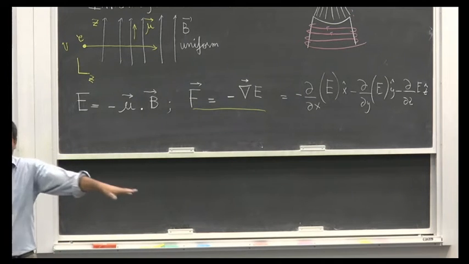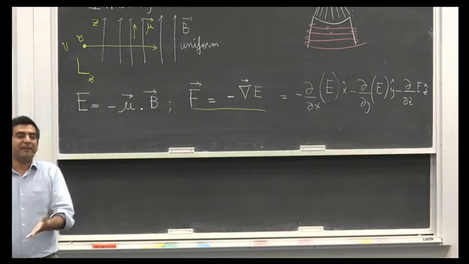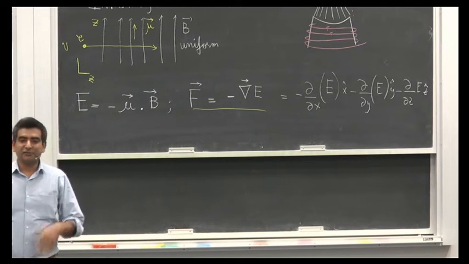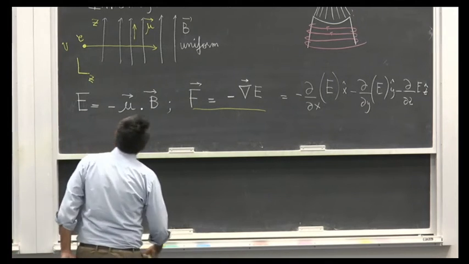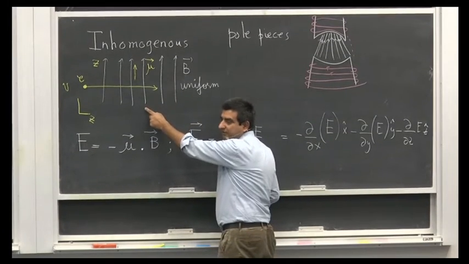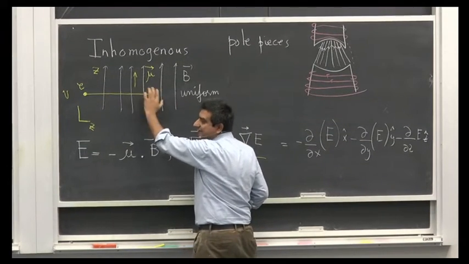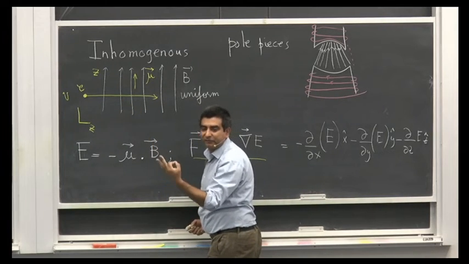Everything is uniform, so there is no force acting on the dipole. So if my magnetic field is not changing in space, there is no force acting on the dipole. Alright? Hence, if I have a uniform magnetic field and a magnetic moment inside that uniform magnetic field, it does not experience a force.